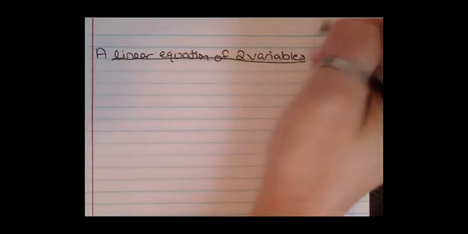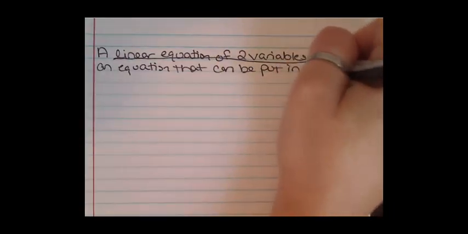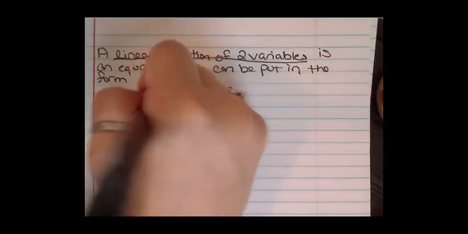Okay, let's define a linear equation. A linear equation of two variables is an equation that can be put in the form ax plus by equals c, with a, b, and c real numbers.